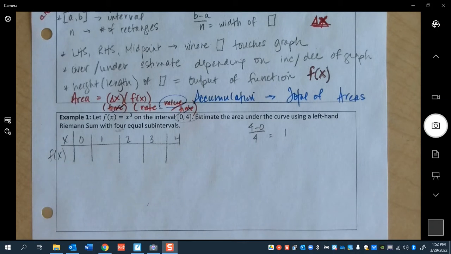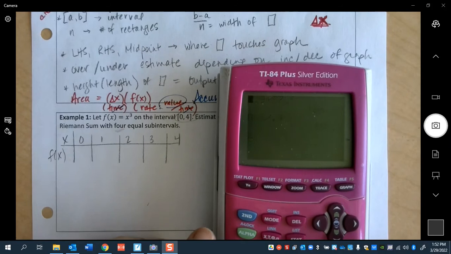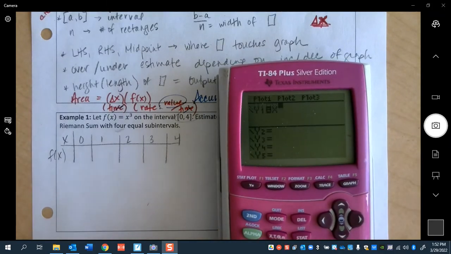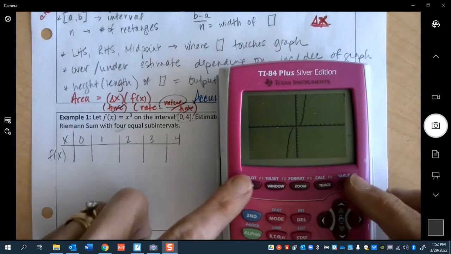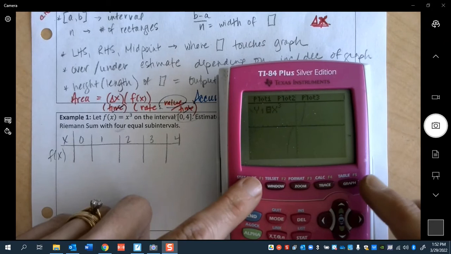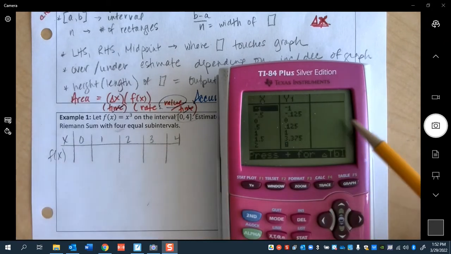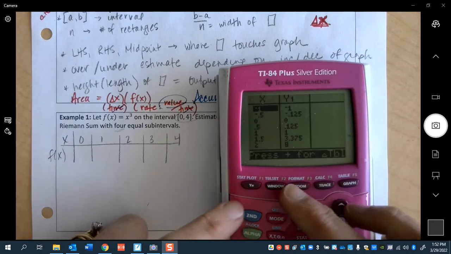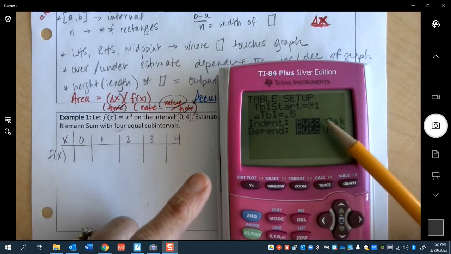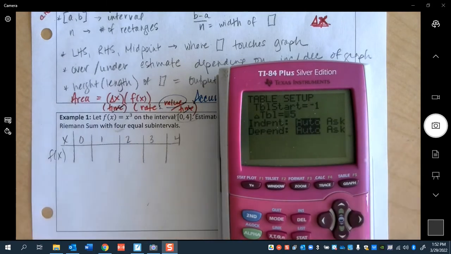So the easiest thing to do, and I know you all know the cubic function, no big deal, but when we get to a function that maybe you don't know, if you go ahead and put it into your graphing calculator, and then you go to your table of values. You can play with the table set to determine not only where your table starts, but also its increments that it goes up.